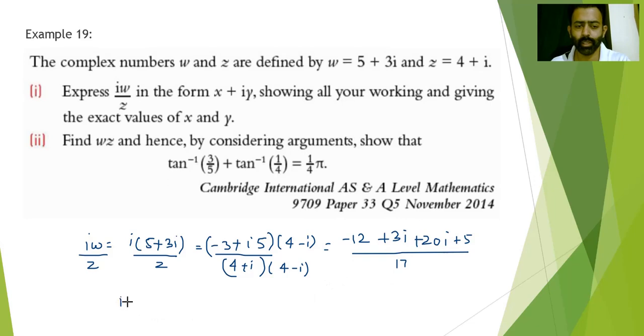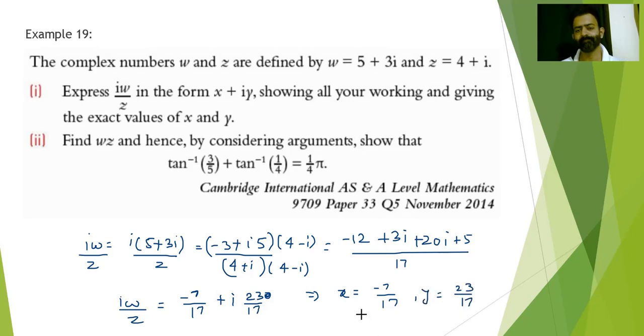So iw over z is minus 12 plus 5, which is minus 7, over 17, plus i times 23 over 17, right? So here the value of x is minus 7 by 17 and y is 23 over 17. Okay, very simple. This is your first part.